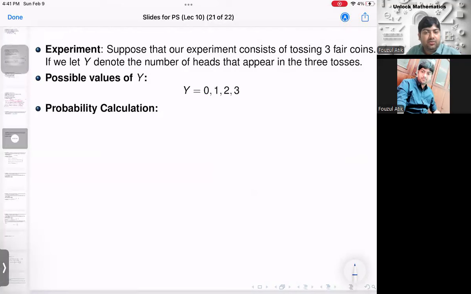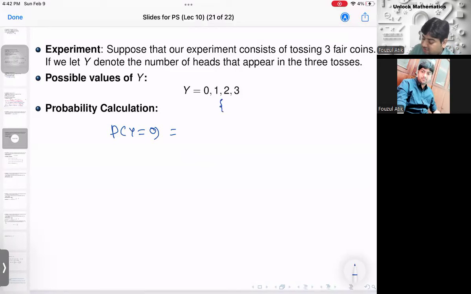Now, we can do the probability calculation. So what is P of y equal to 0? P of y equal to 0 is the event where the number of heads is 0 when you are tossing three coins. So what is the sample space?